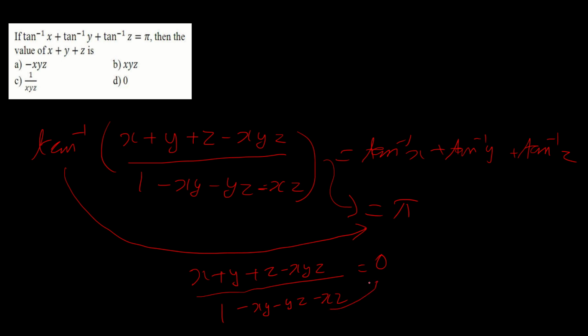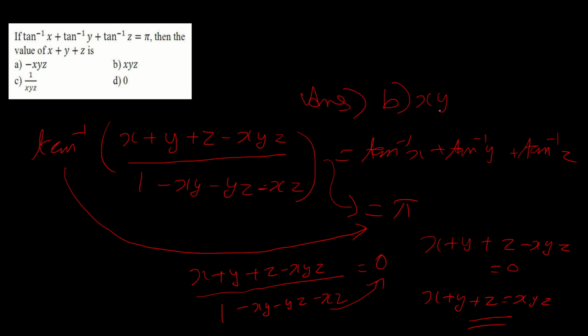Let's cross multiply. When we cross multiply, the denominator entirely vanishes, it will be x plus y plus z minus xyz equal to 0. So the answer will be x plus y plus z equal to xyz. They're asking what is the value of x plus y plus z. So the answer is B, xyz.